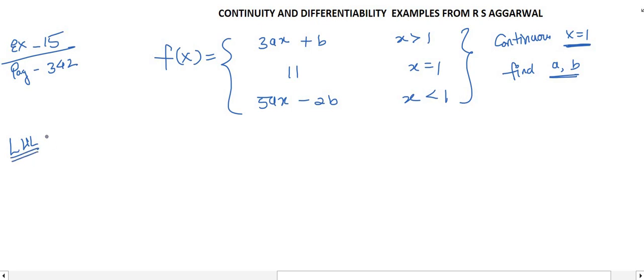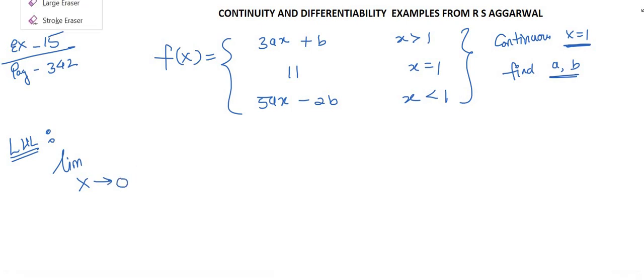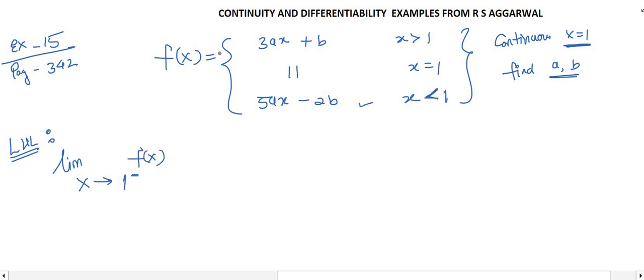LHL. LHL is left hand limit, which is written as limit x tending to 1 minus of f of x, because here it is continuous at 1. So which one will we take? Less than 1 is this one.